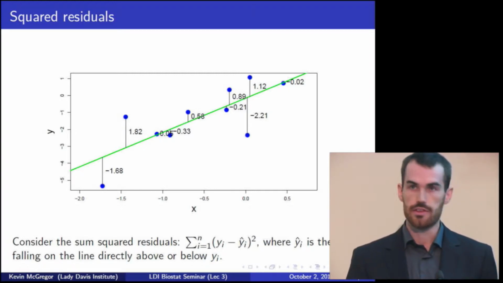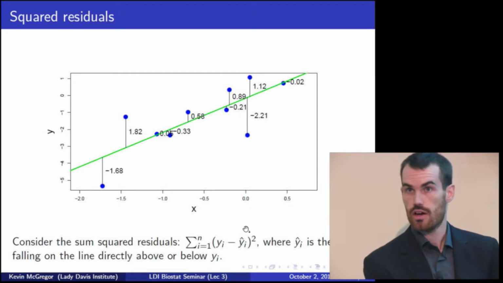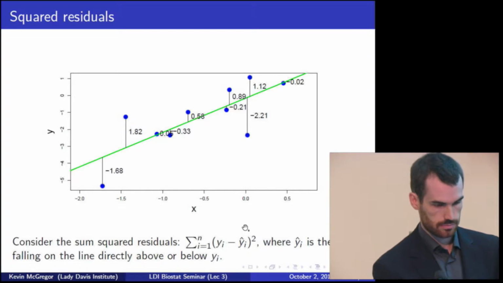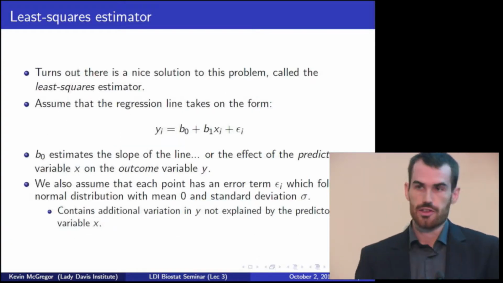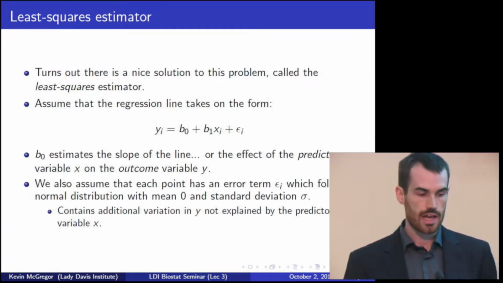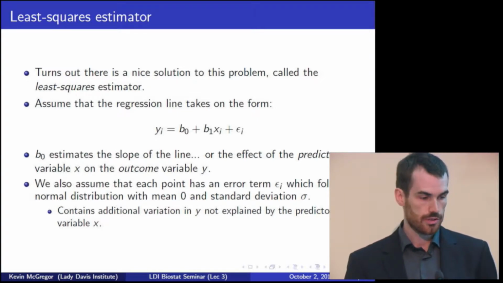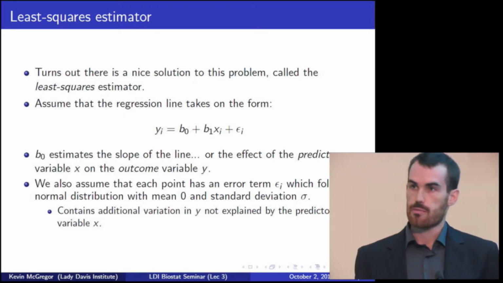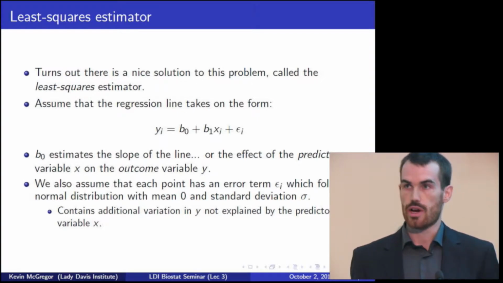And we want to find the pair of parameters which minimizes this sum square of residuals. Well, there actually is a very nice solution to this problem. If you set this problem up, you can just do some elementary calculus and you can get a nice formula for the optimal solution. And the estimator that we get for the slope and the intercept is what we call the least squares estimator.